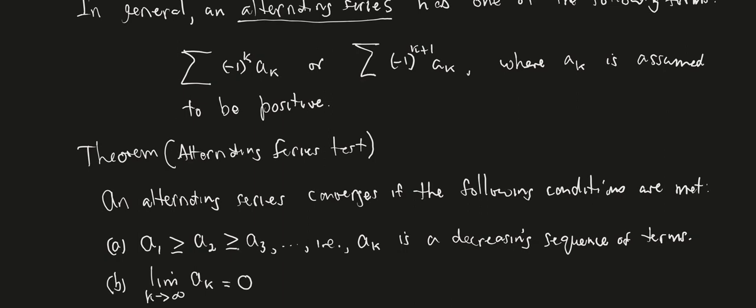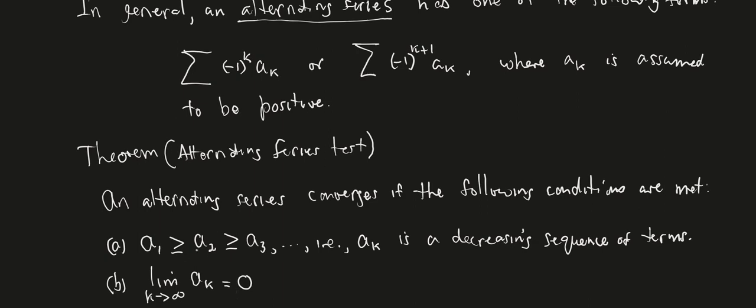In one sentence: if you have a sequence of positive terms that are decreasing and approaching 0, then the alternating series of those terms must converge.